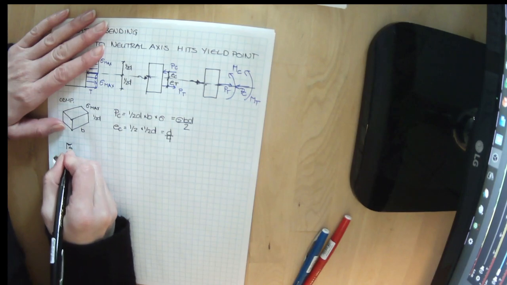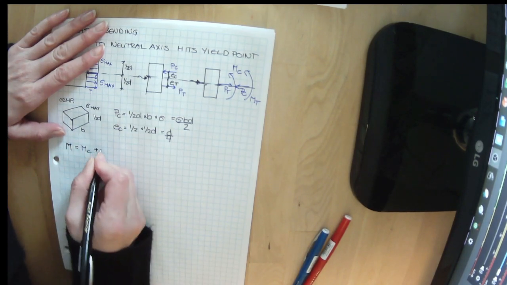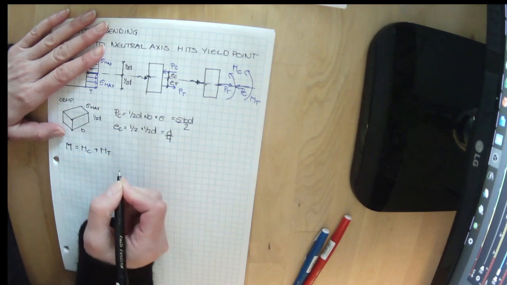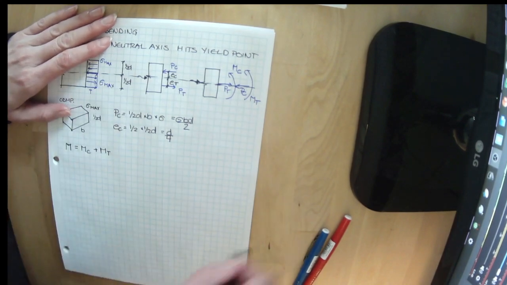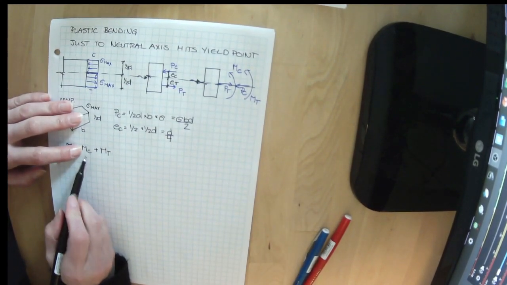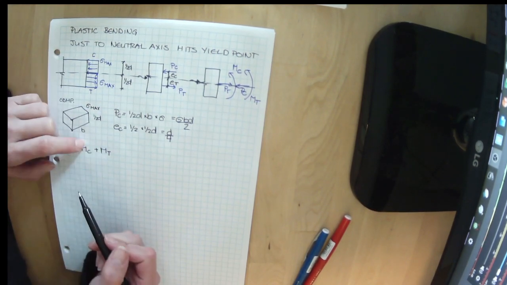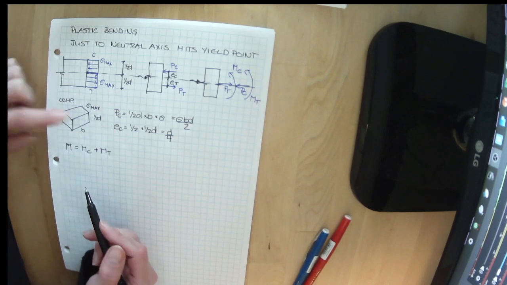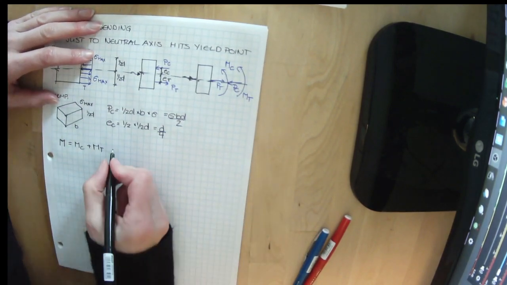Our total moment is MC plus MT. Our PT and our PC cancel out, and we have both things trying to spin this in the same direction. We know that MC equals PC times EC, and we know that MT equals PT times ET, and the values are going to be the same. We could redraw this same thing and get the exact same values.